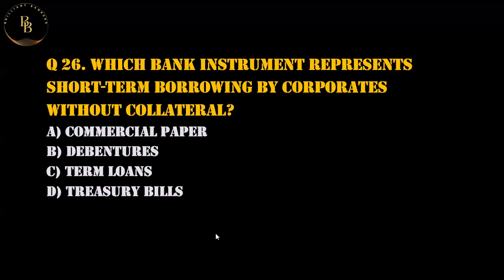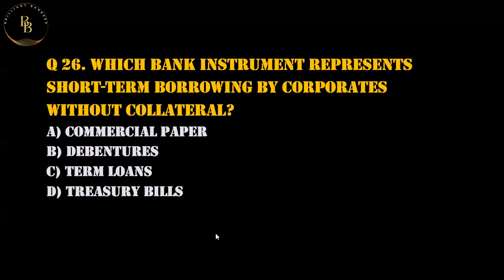Coming to question number 26. Which bank instrument represents short-term borrowing by corporates without collateral? Is it the commercial paper, the debentures, the term loans, or the treasury bills?